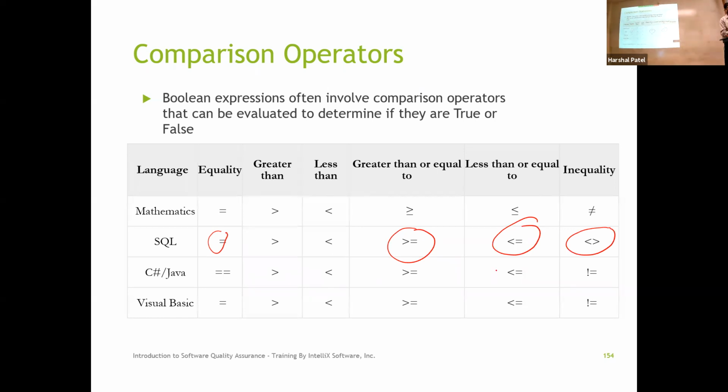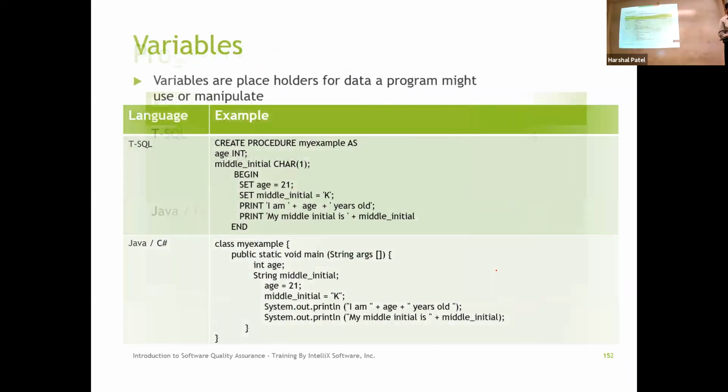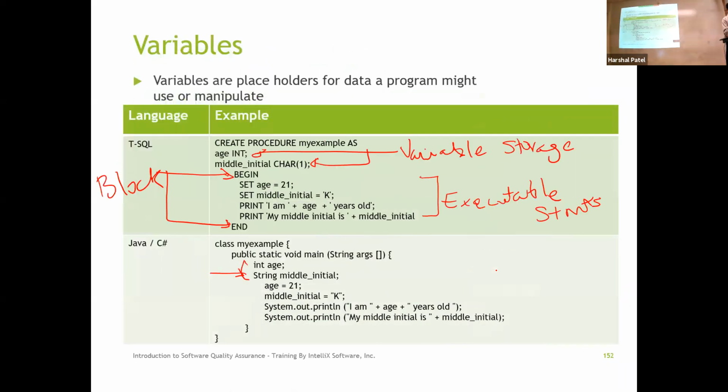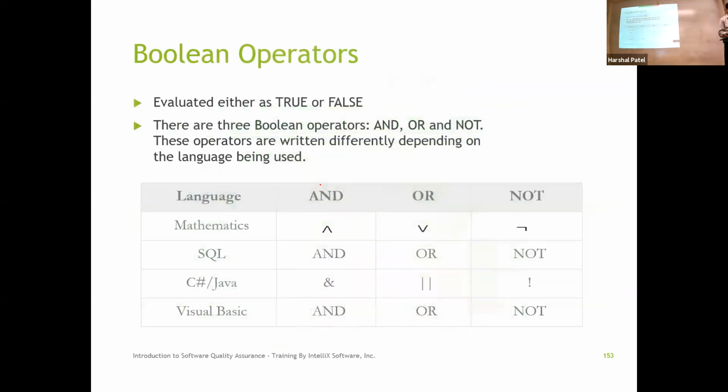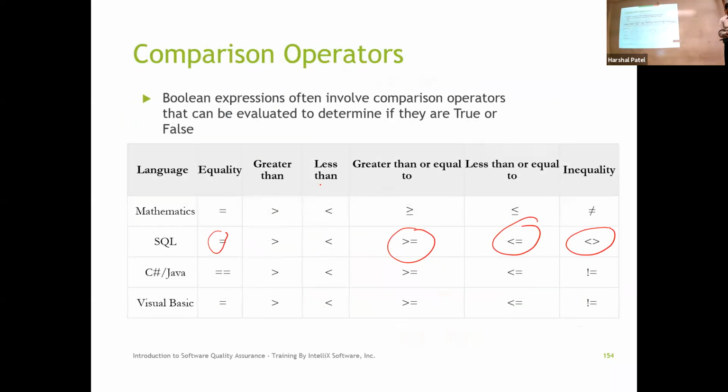It's the same thing with the other languages. Where you see just a single equals sign, that is known as an assignment operator. That means I'm assigning the value, versus this one where I'm checking for equality. So depending on where you use it, it will come through.